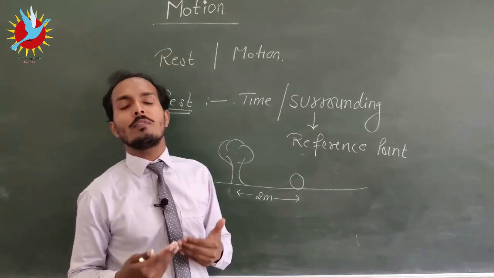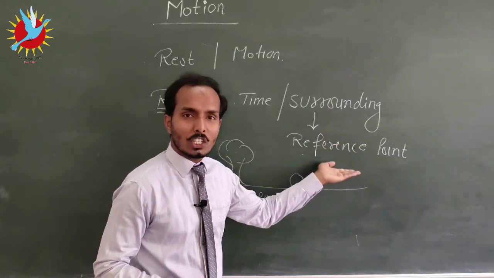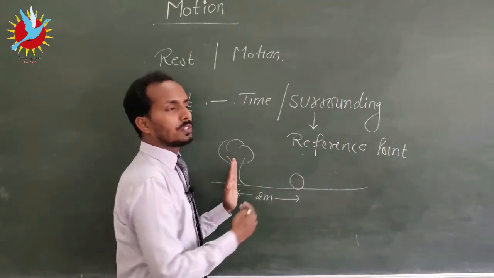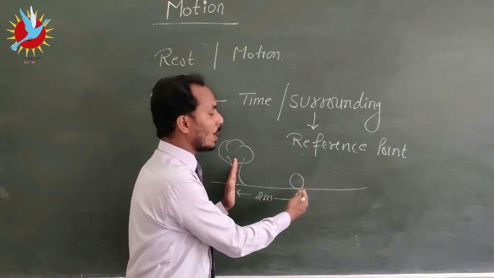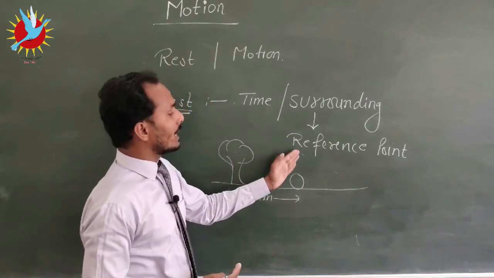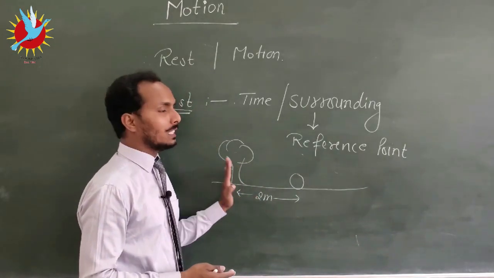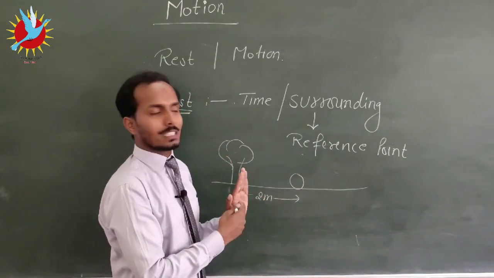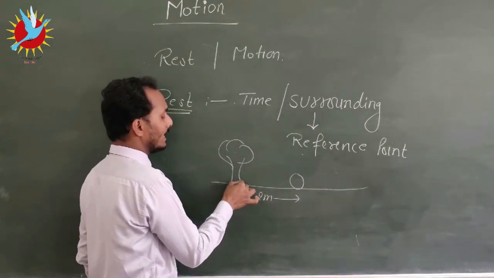What is the meaning of reference point? Reference point is a point, a location from where we observe things, from where we observe the position of the object. For example, in this case the reference point is a tree.